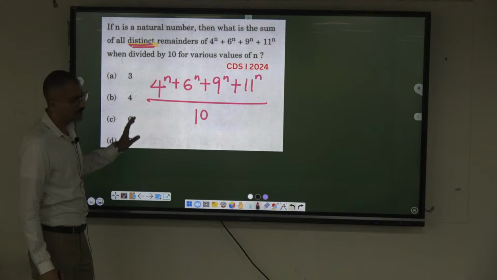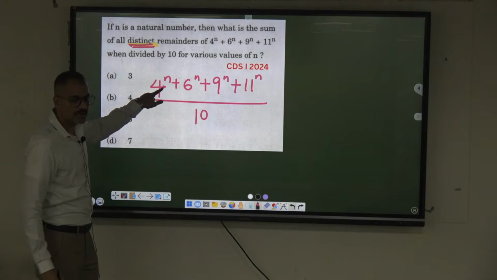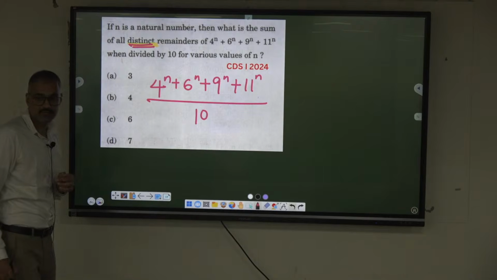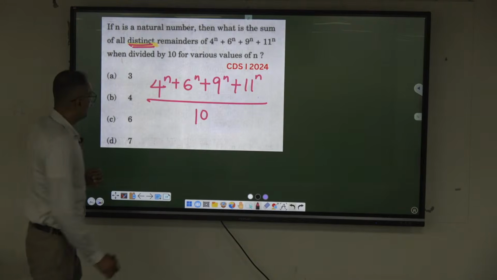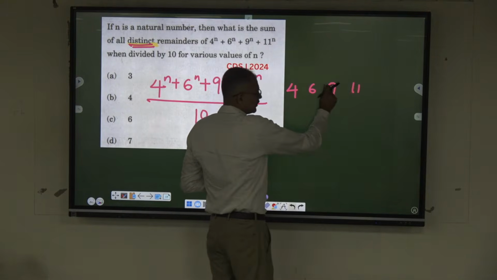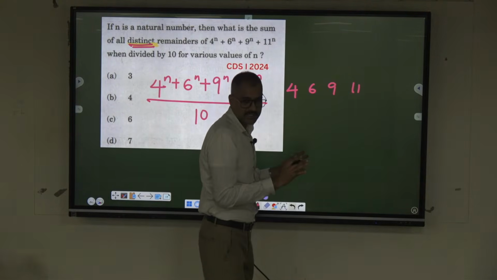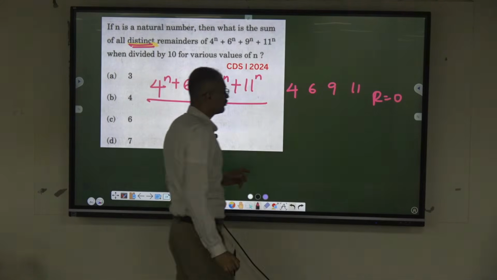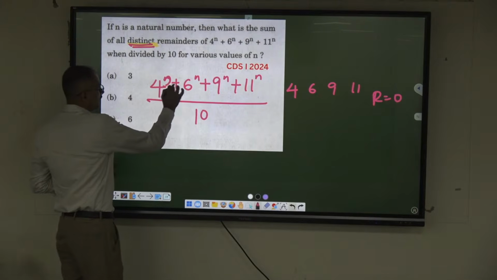Okay, substitute 1 here. For n equal to 1, we get 4, 6, 9 and 11. What is the remainder? 4, 6, 9 and 11 add up to 30. Anyway, 30 is divisible by 10, right? What is the remainder? 0. If I put square here, at the place of n, if I put square here.